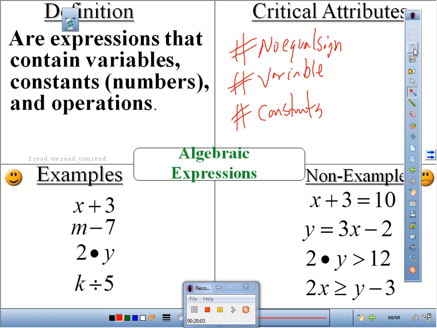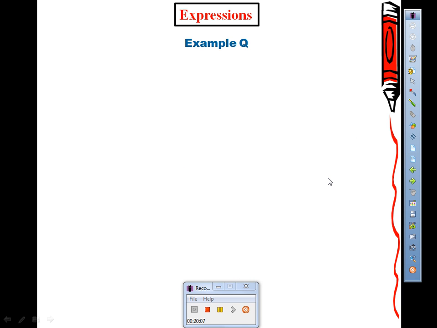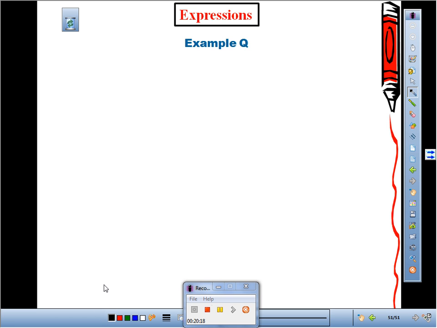All right, now that we're done with what algebraic expressions are, let's start with some work, yeah? Underneath your prayer model, you have some lines blank, is that correct? I want you to write example Q. We're going to start slow so I don't freak you guys out, and then slowly start snowballing it. Here we go. I want you to write simplify.